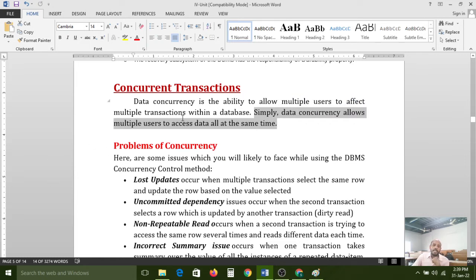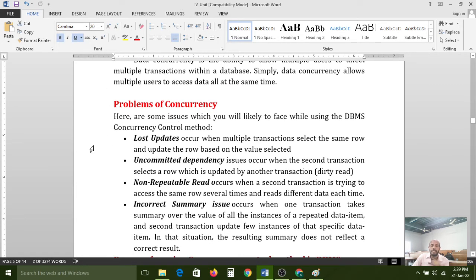That type of transactions are called concurrent transactions.